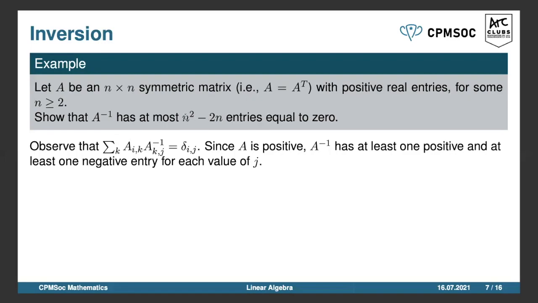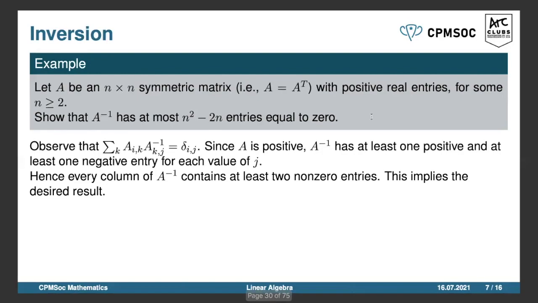And if we think about the total number of entries in the matrix, it's going to be n squared because it's an n by n matrix. So if we have at least 2n non-zero entries and n squared total entries, then we have at most n squared minus 2n entries which are equal to 0.